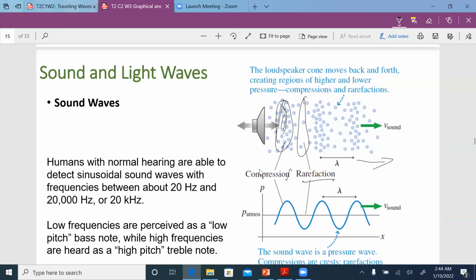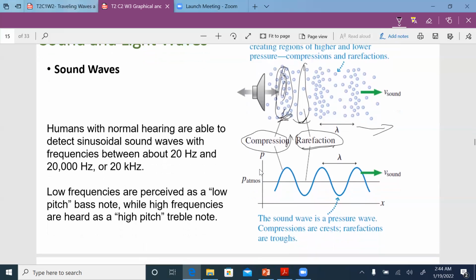Okay, so we'll have two major characteristics: the compression, which is this region, and then the rarefaction, which is the region where there is nothing or very little. So graphically, we can see that compression is when the crest is up and the trough is down.